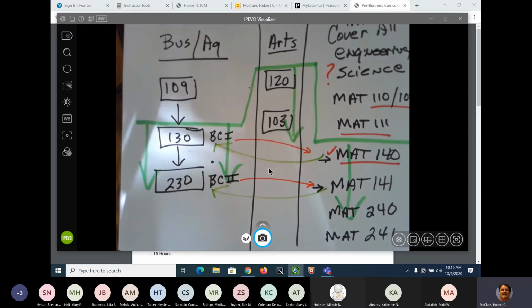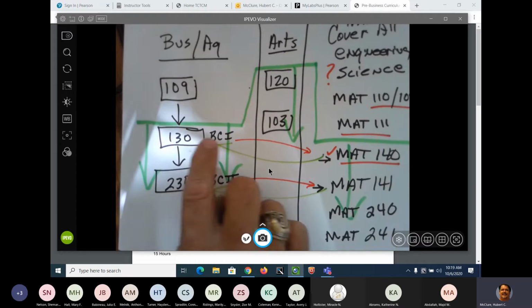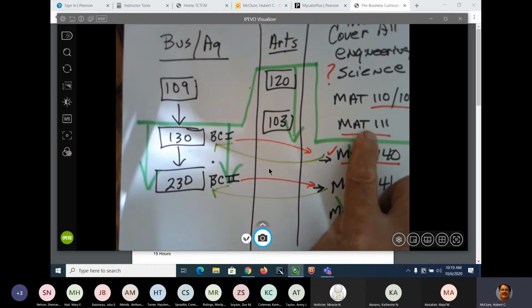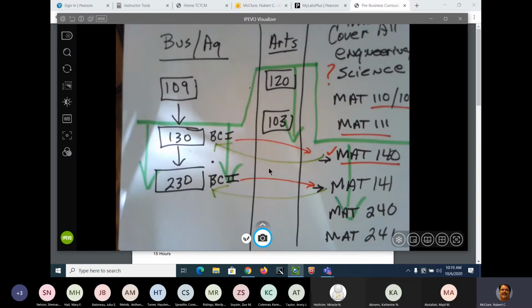You can't go from 230 to 141. Now, it's good prep. If you have a Pell Grant or scholarship and you want to get ready for that Math 140, then 130 would be a good prereq, but you still have to take the 111 before you take that Math 140, because this is calculus without trig.